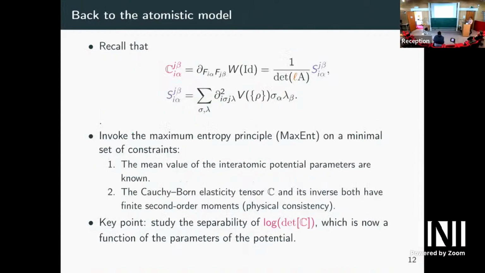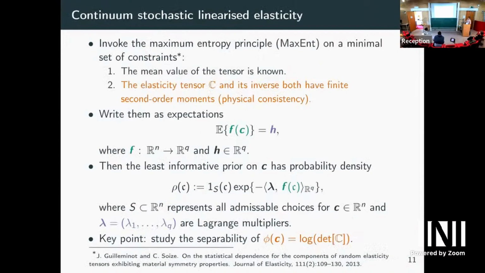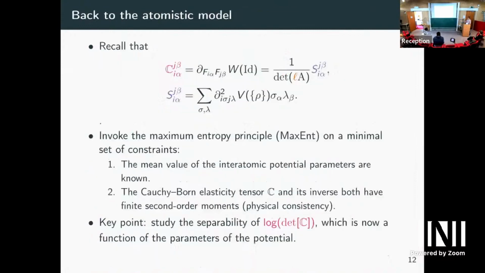In their picture, the key parameters are the C's, but in our atomistic picture, these C's, the entries of the elasticity tensor, are themselves functions of the interatomic potential.